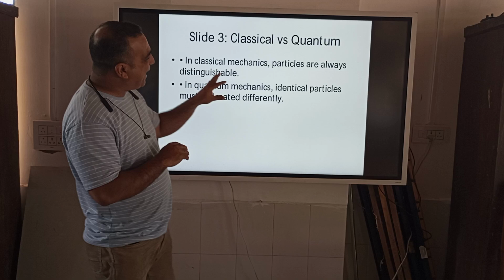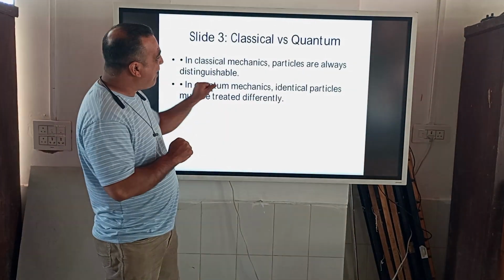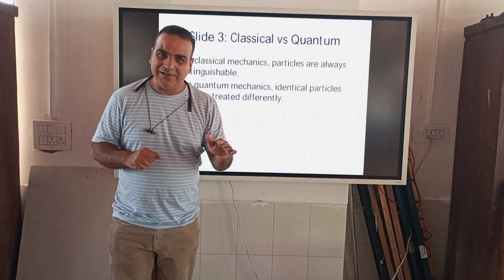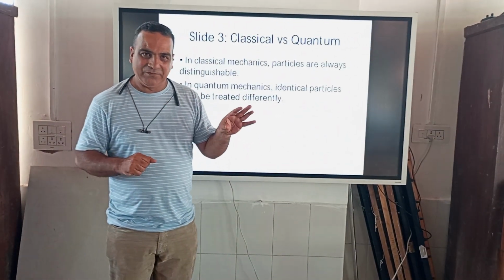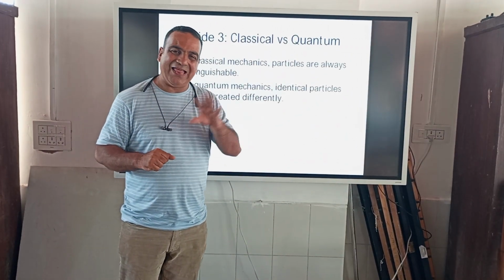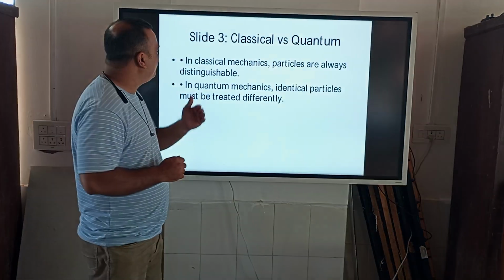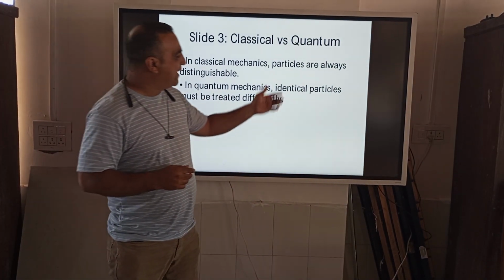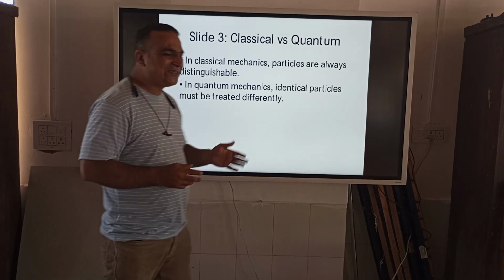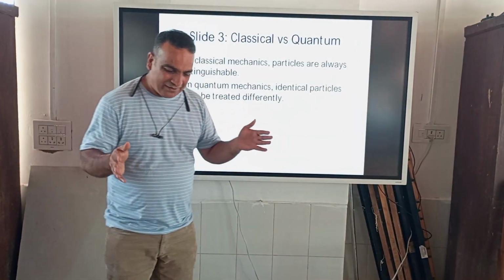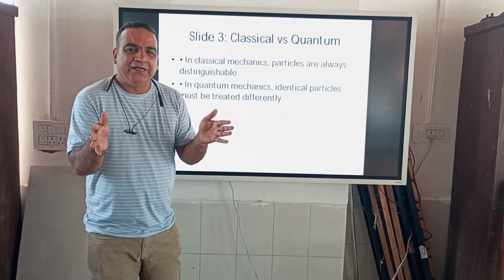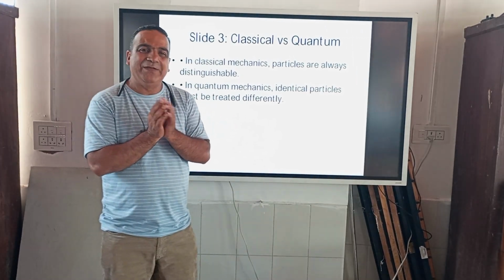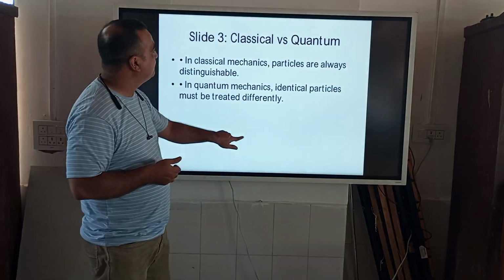In classical mechanics, particles are always distinguishable, even if they are identical. So if you have two identical classical particles, they have to be distinguishable. But in the framework of quantum mechanics, identical particles must be treated differently. You cannot treat these quantum mechanical particles the way you treat them in the classical domain.